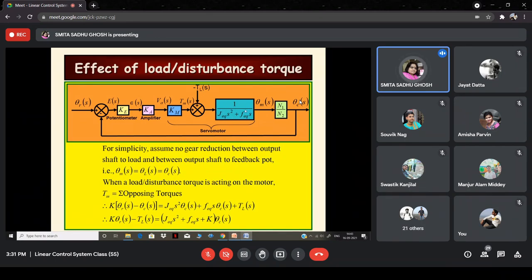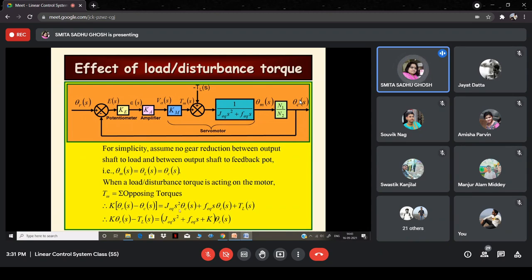Now this torque is equal to the first and second terms on the right hand side, plus we have the load torque, or the disturbance torque as we call it. So this is the overall expression that we get, the torque balance equation, right?